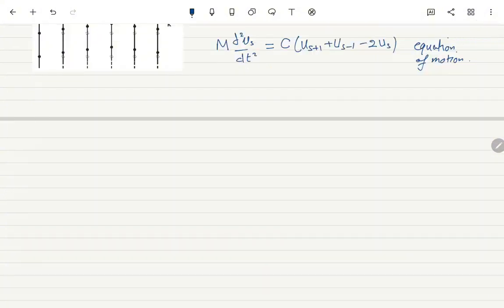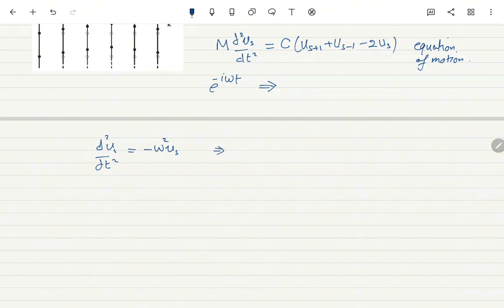Now we will look for solutions with all displacements having the time dependence e to the minus i omega t, a time dependent solution. So in this case, the second partial derivative of u_s with respect to t equals minus omega squared u_s.